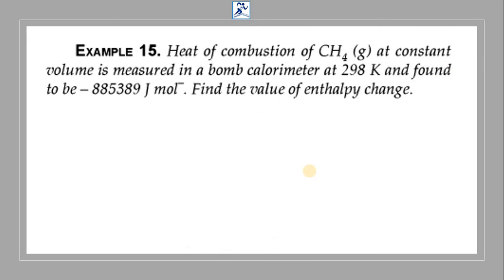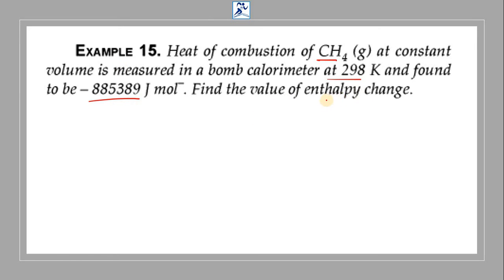Next question. The heat of combustion of methane at constant volume is measured in a bomb calorimeter at 298 Kelvin and is found to be minus 885389 joules per mole.